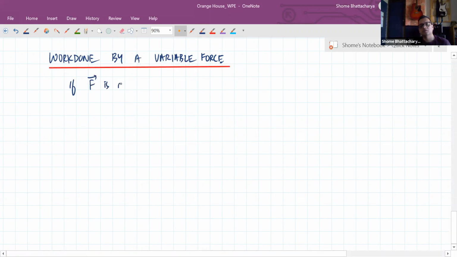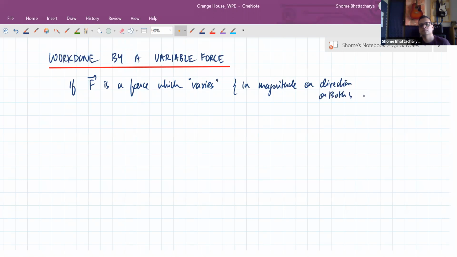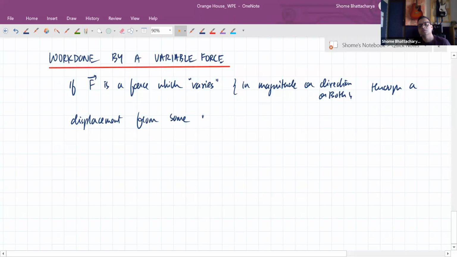If F is a force which varies in magnitude or direction or both through a displacement from some initial position, let's say Ri, to a final position, Rf.